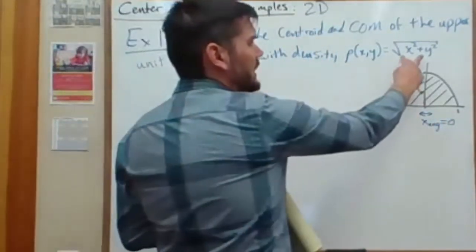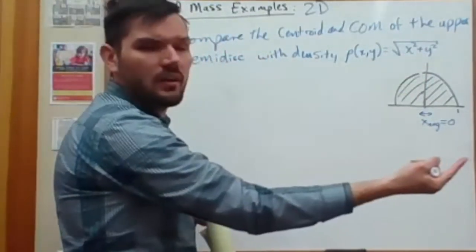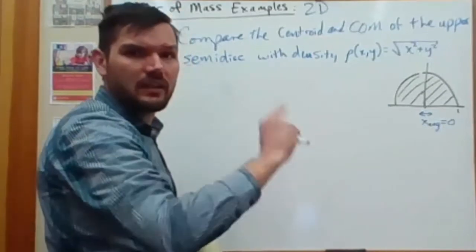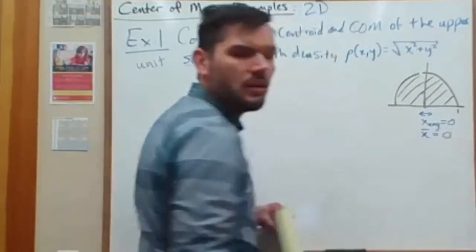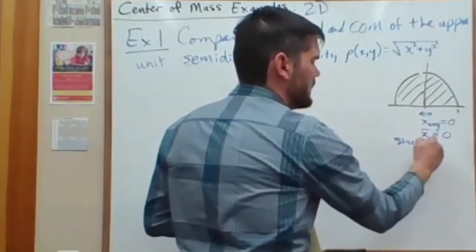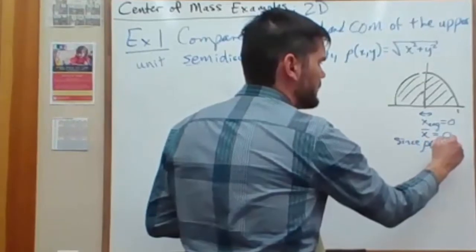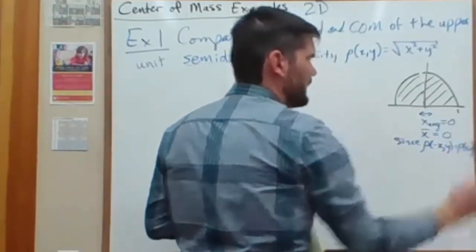And if we look at our density function and evaluate it on a positive x and a negative x getting the same values, we know that our x bar is also equal to 0, since rho of negative x, y equals rho of x, y.